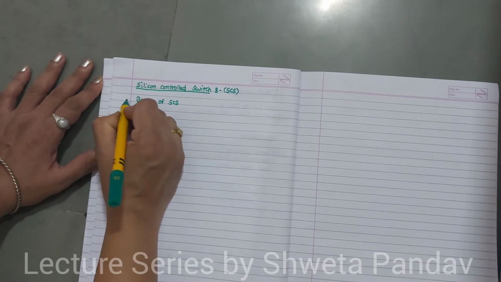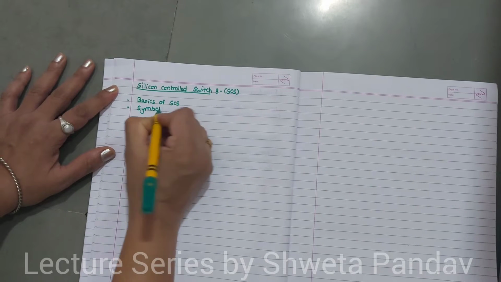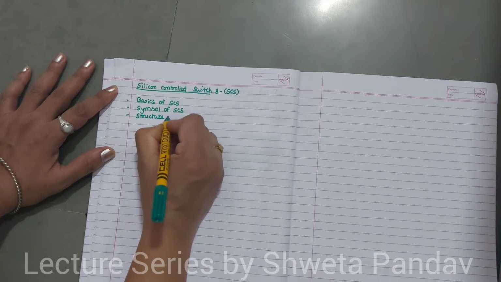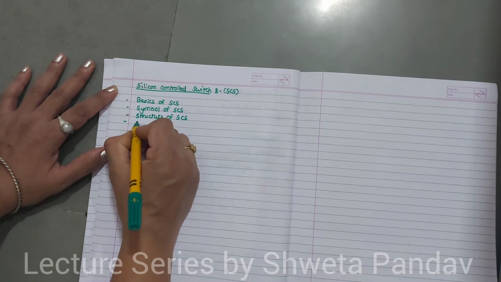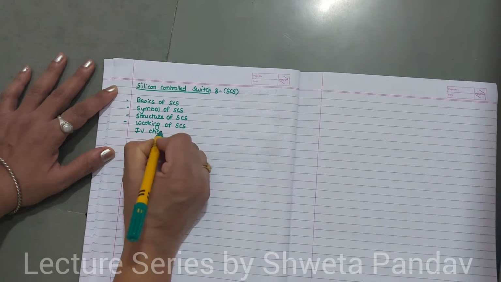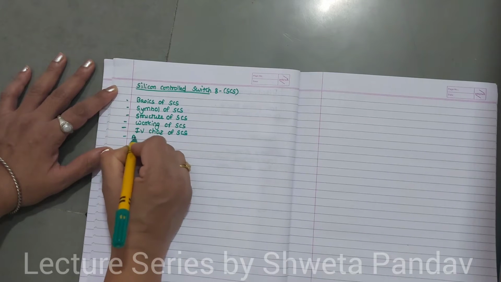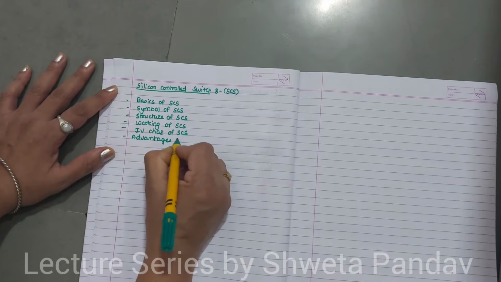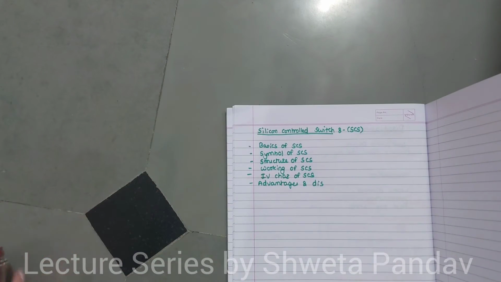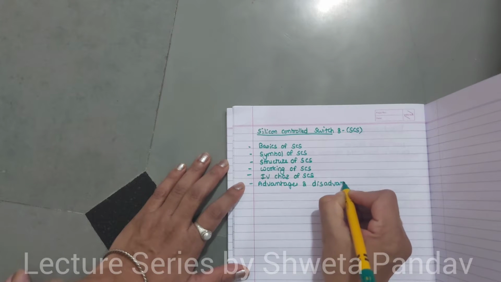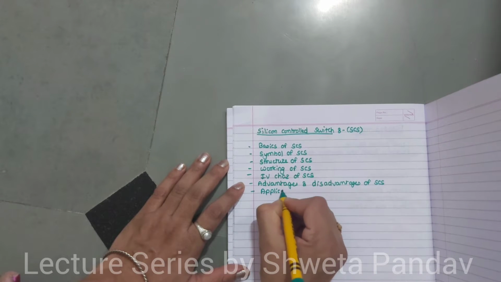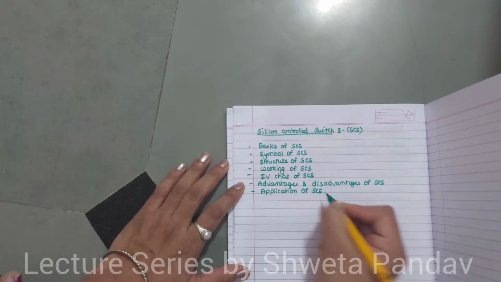Then we'll see the symbol of SCS, then the structure of SCS, then we'll see the working of SCS, IV characteristic of SCS, advantages and disadvantages of SCS, and finally the application of SCS.